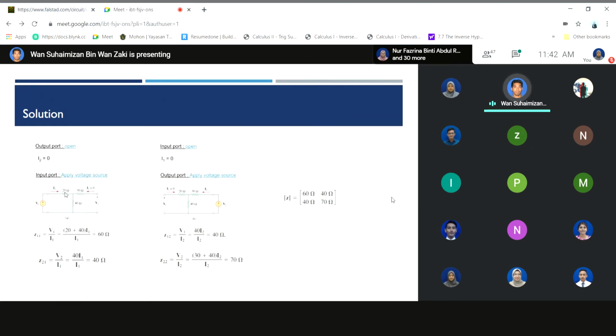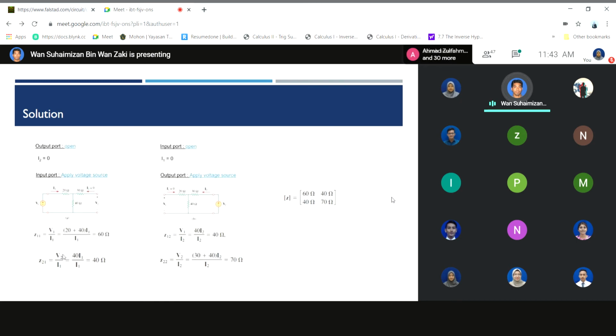So V1 equals to I1 times 20. You do Kirchhoff voltage law. So V1 equals to 20 I1 plus 40 I1, the same I1. Next, from that equation, you divide by I1. So your V1 over I1, you can get 60 ohm, because the I1 will be cancelled out.